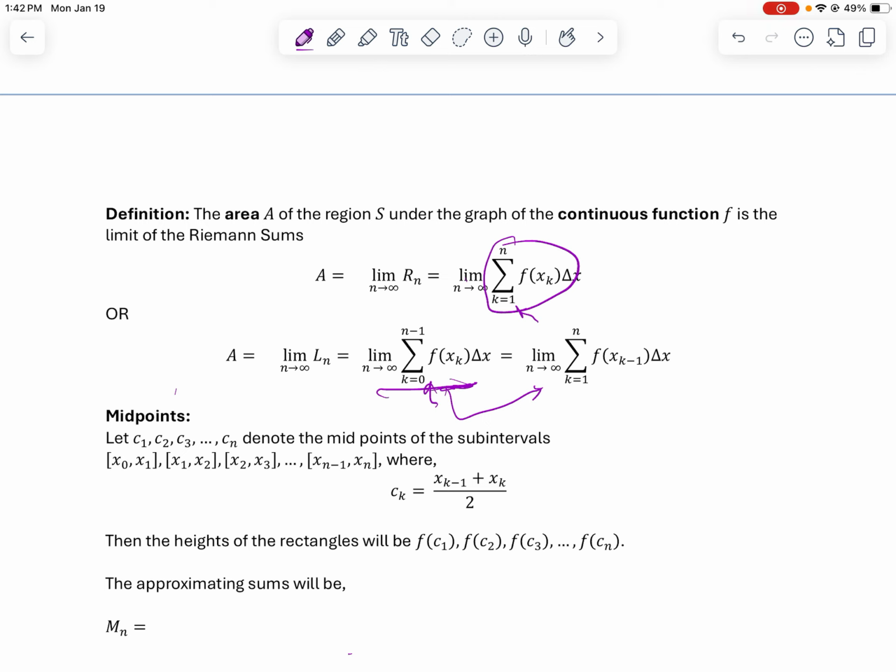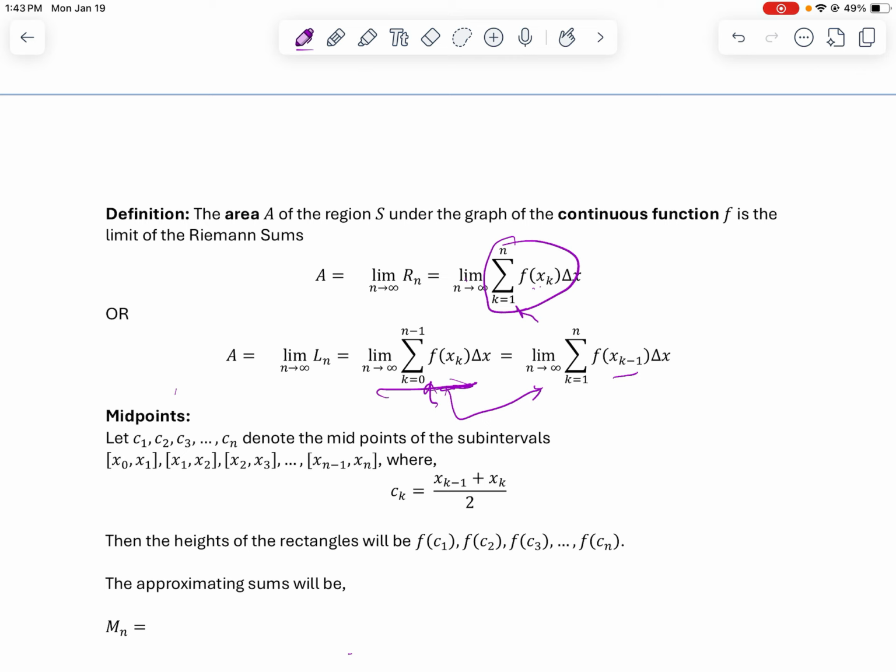Also look at the x k is replaced by x k minus 1. Because remember, what comes in here should be the same in both cases, because they are approaching the same area or same value.